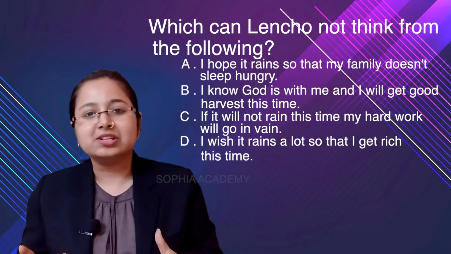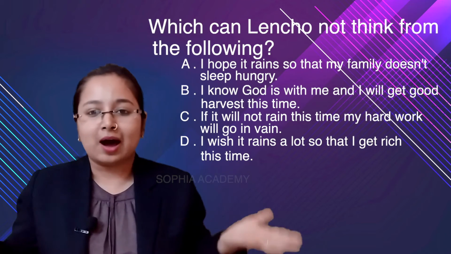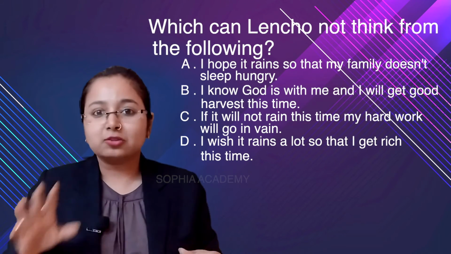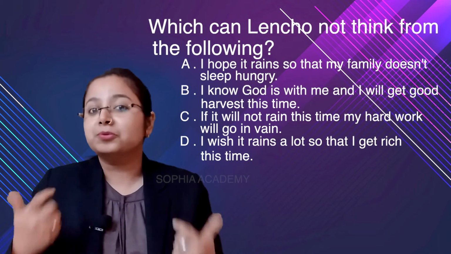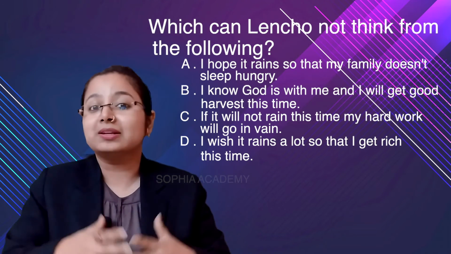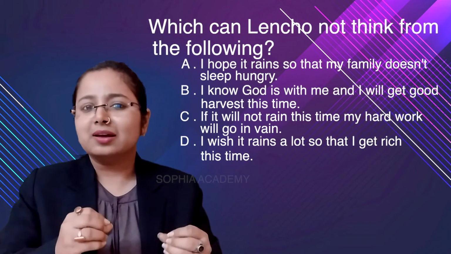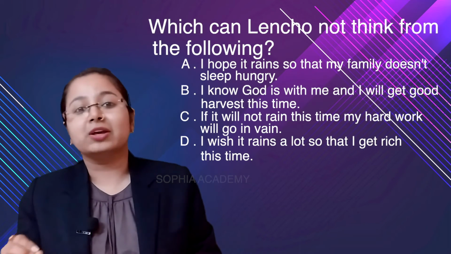So his intention was not to become very rich. He wanted to have a good harvest. So the first 3 options are thought by Lencho. He hopes it will rain so that his family doesn't go starving. Second option, he knows that God is with him. He had unquestionable faith in God.